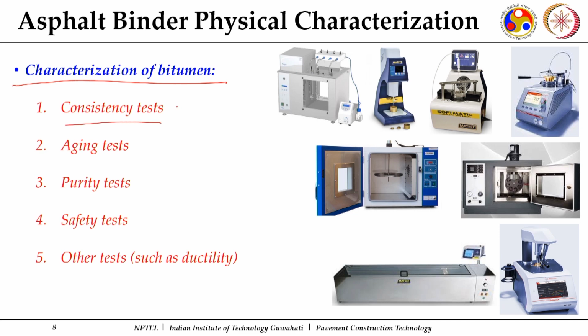One category falls under the consistency test, the second category is the aging test, third is the purity test, fourth is the safety test, and there are a few other tests which are also advised while judging the suitability of bitumen for road construction.